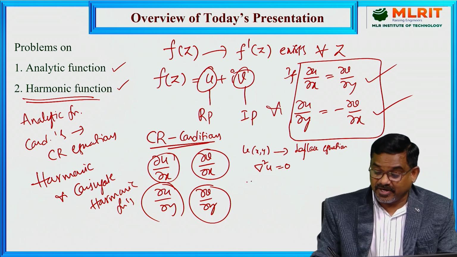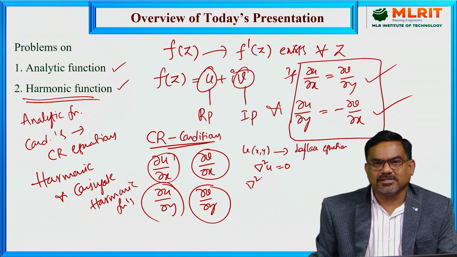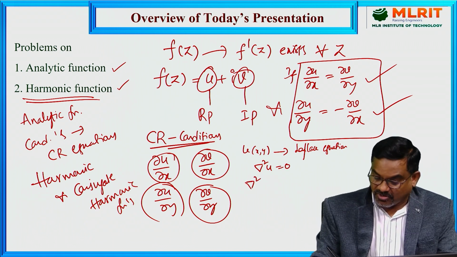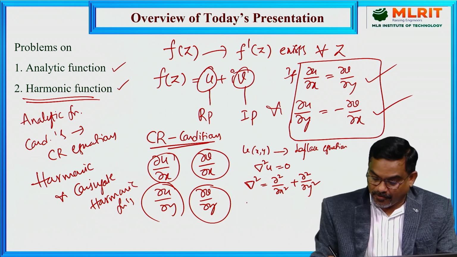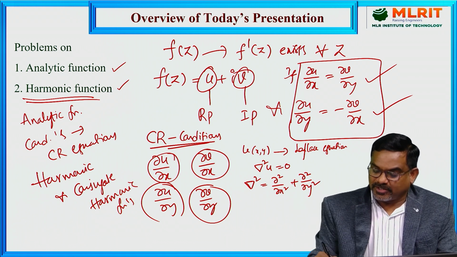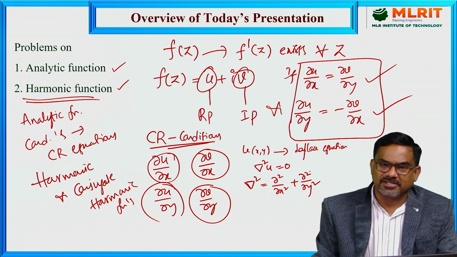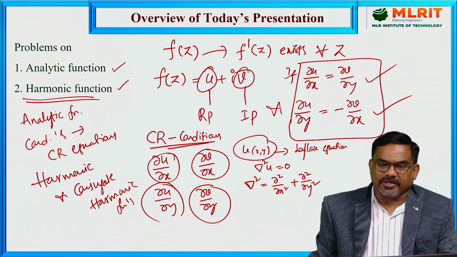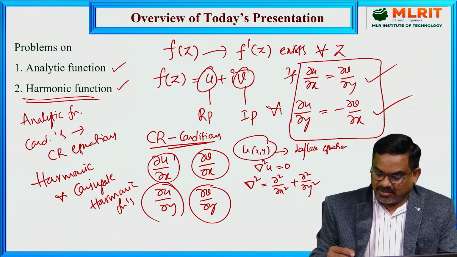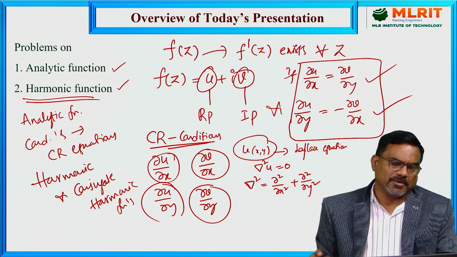And this del square is called the Laplacian operator, given by dou square by dou x square plus dou square by dou y square. So if dou square u by dou x square plus dou square u by dou y square is 0, then the function is said to be harmonic. So these concepts were discussed in the last class.